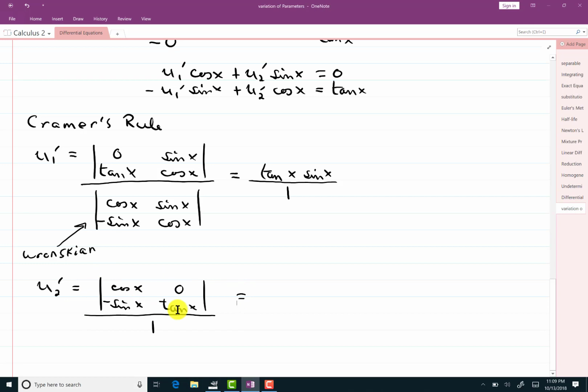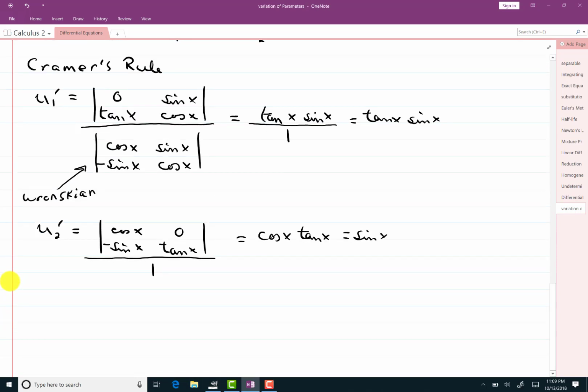So this will give me cosine of x times tangent of x. And you'll be able to wipe out the cosine in the denominator and simply get sine of x. And over here, take out the 1, tangent of x times sine of x.